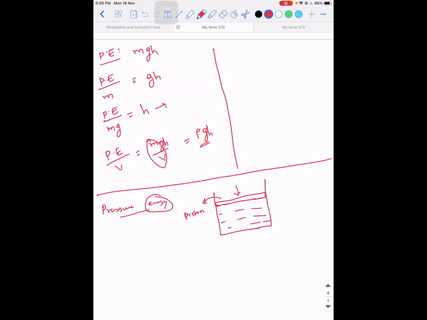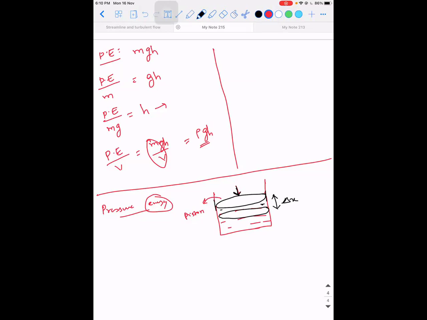If you actually look at the piston from the top, it will be circular. So I will take the piston like this. Okay, this is the piston. So when the liquid, let's say due to the pressure, has got displaced by a distance of delta x.